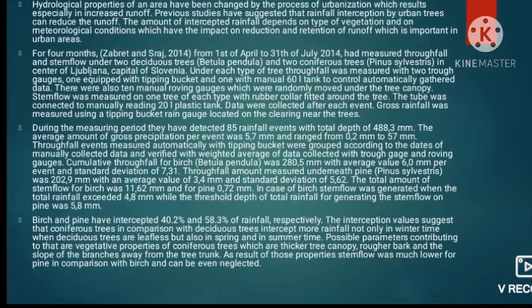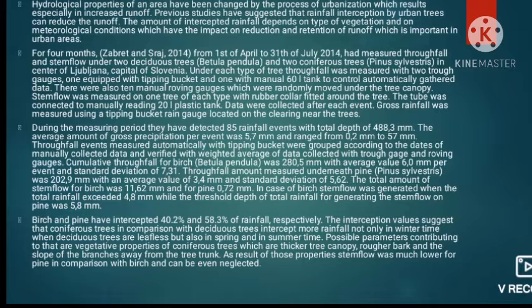The interception values suggest that coniferous trees, in comparison with deciduous trees, intercept more rainfall, not only in wintertime, when deciduous trees are leafless, but also in spring and in summertime.